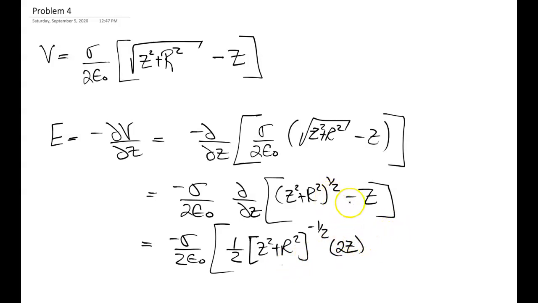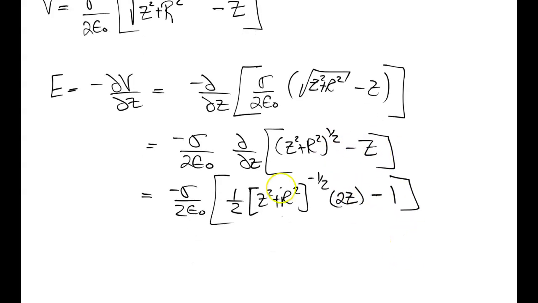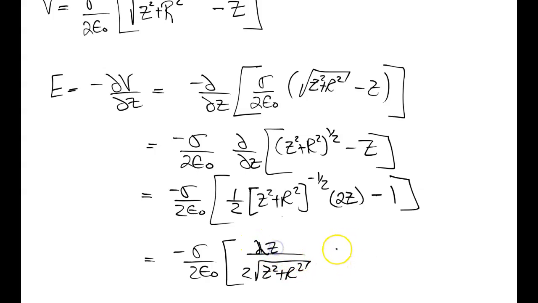And now I'm done with this part, minus the derivative of Z with respect to Z, which is 1. And now if I simplify this a little bit, I get minus sigma over 2 epsilon naught. This will be 1 over 2 times the square root of Z squared plus R squared times 2Z, so the 2Z can go up there, minus 1.